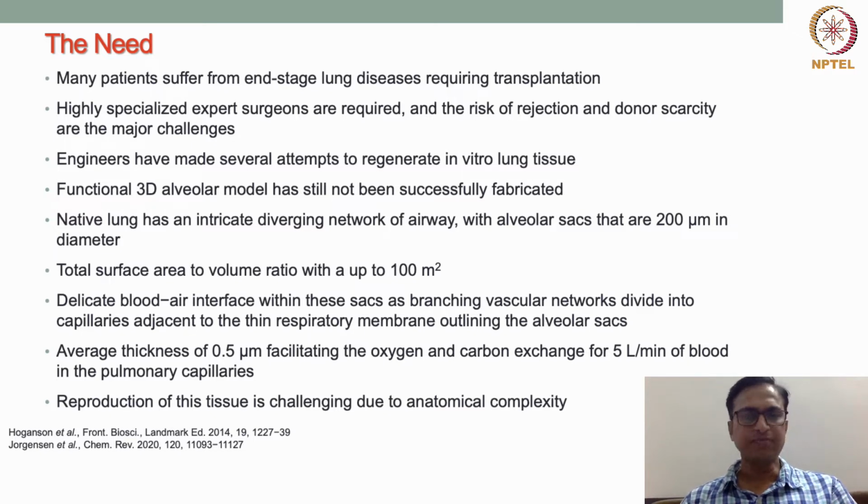When we look further at the microstructure of the alveoli, there is a delicate blood-air interface, where branching vascular networks divide into capillaries adjacent to the thin respiratory membrane outlining the alveolar sacs.